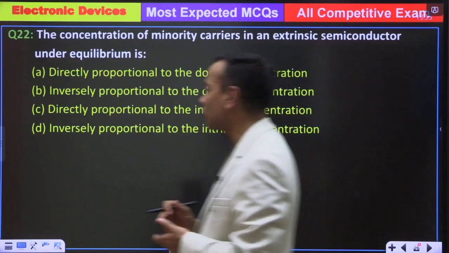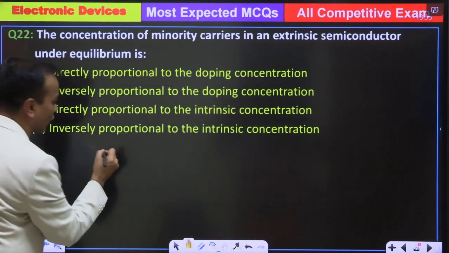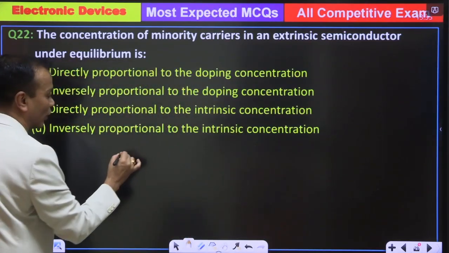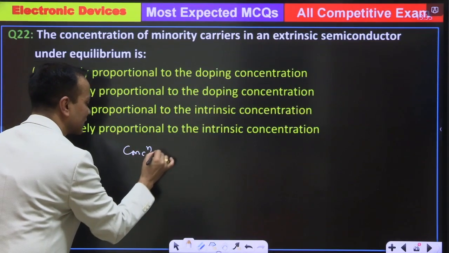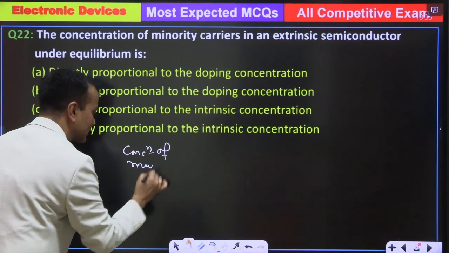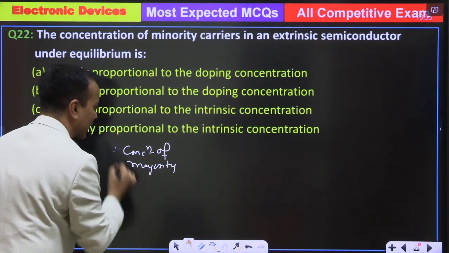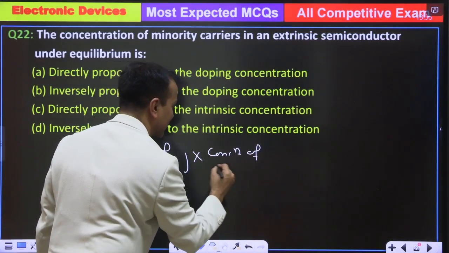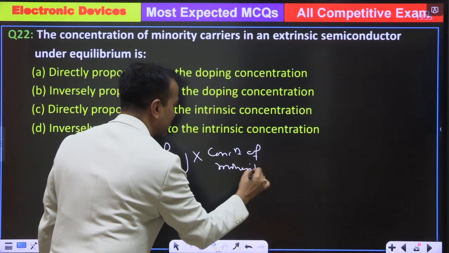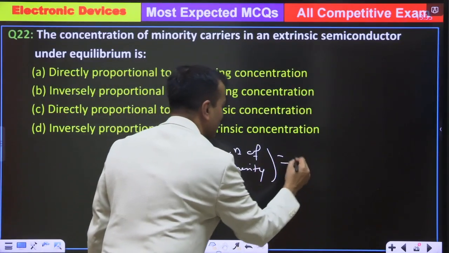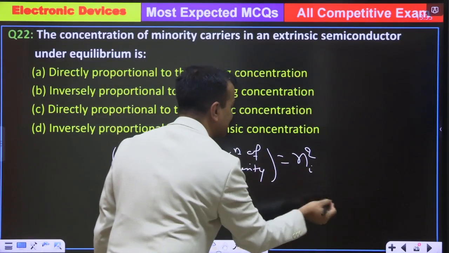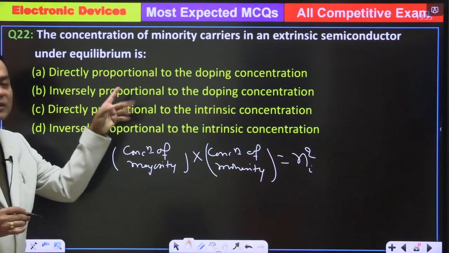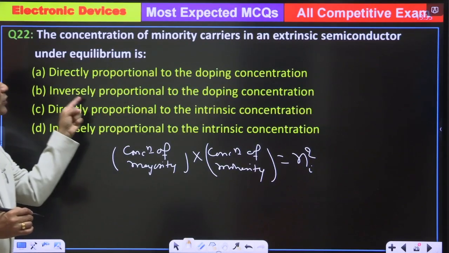What will be the answer? As I explained earlier, by mass action law, the concentration of majority charge carrier into the concentration of minority charge carrier is equal to Ni², the intrinsic carrier concentration squared. So directly proportional to the doping concentration is not correct. Then inversely proportional to the doping concentration.